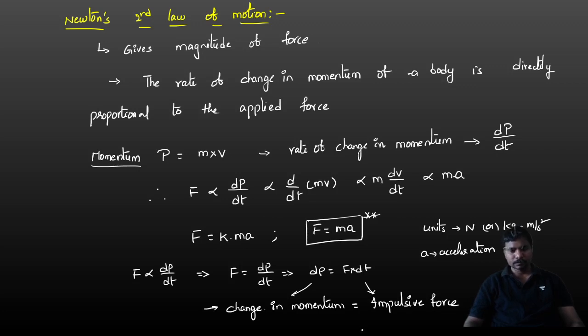Okay, from this one you can also get the number of bullets fired. Okay, so in case of bullet question, change in momentum is equal to force into time. So momentum is equal to mass into velocity, that is force into time.